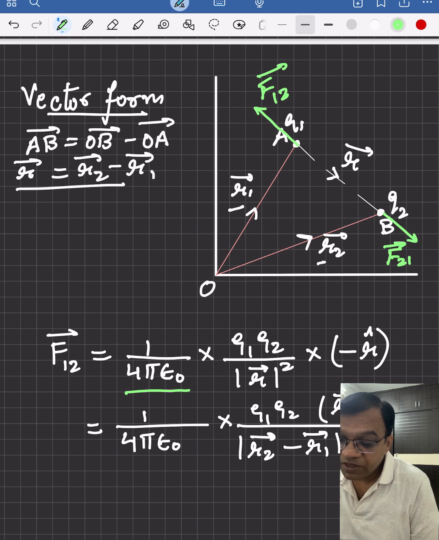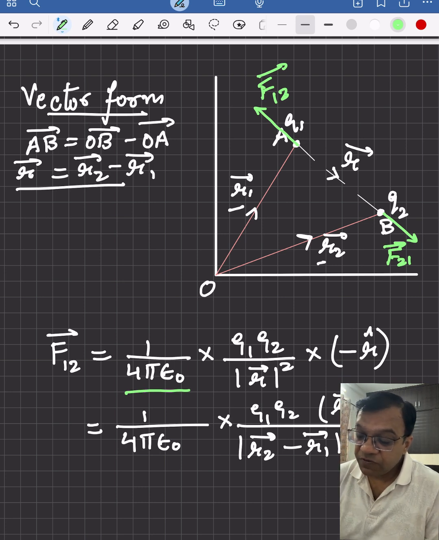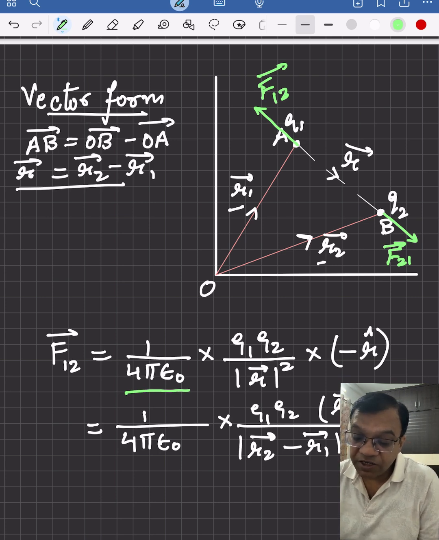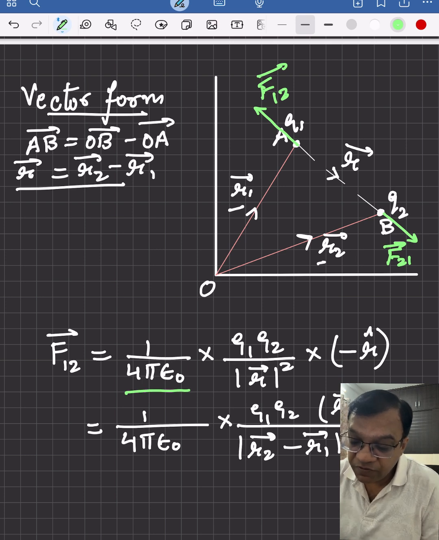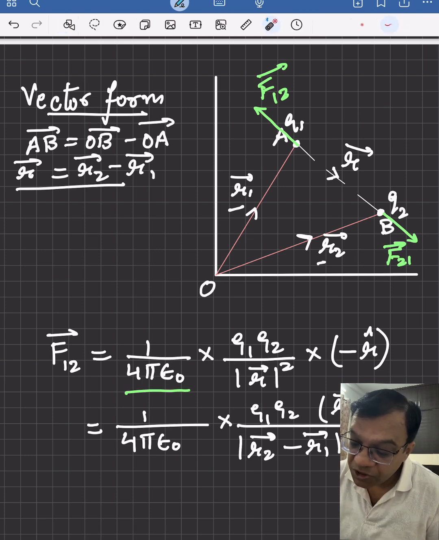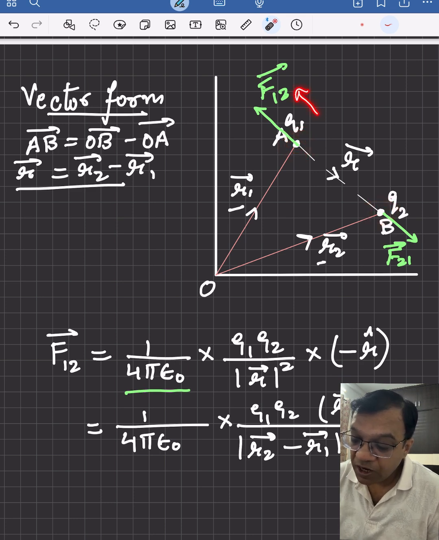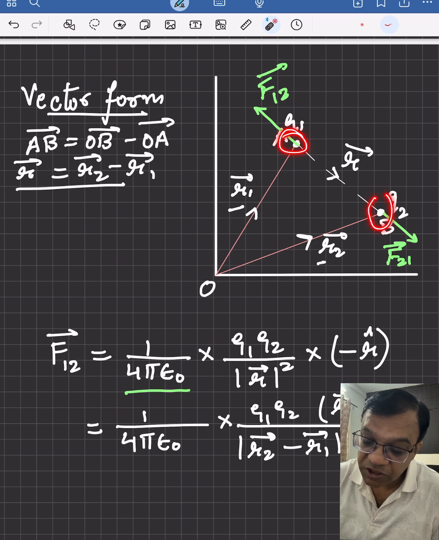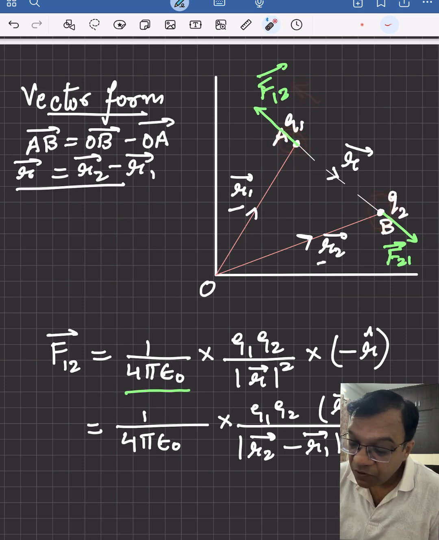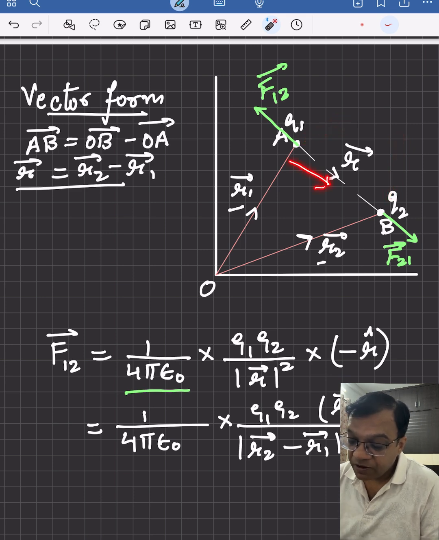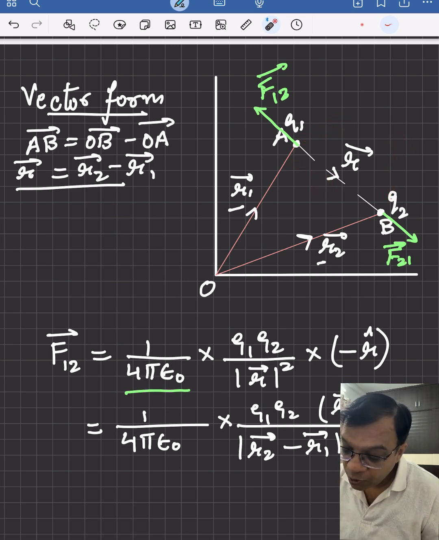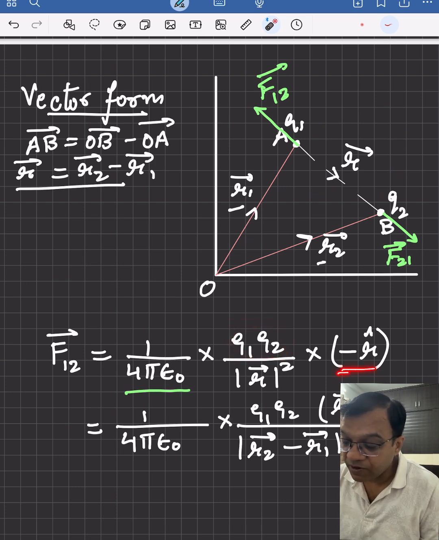Now why minus R vector? Because if both these charges are, say, positive, then the force will be in this direction. If both are negative, the force will be in this direction. If they are of opposite sign, the force will be in this direction. If Q1, Q2 are both positive, the product is positive, so the force must be along minus R cap.